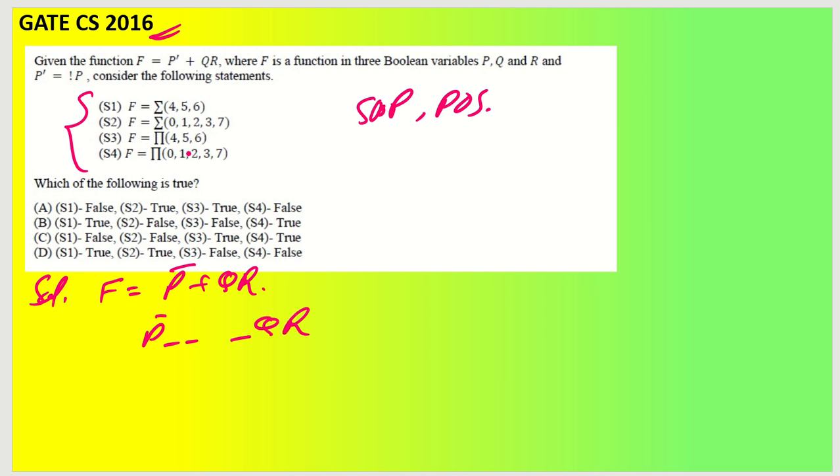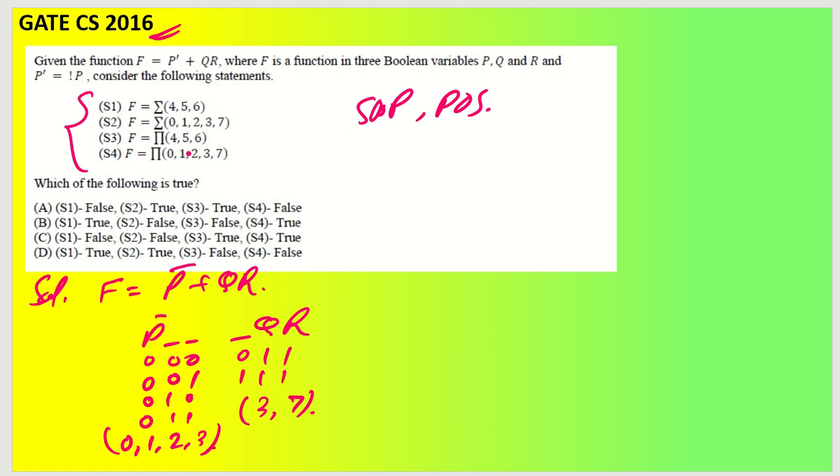So I can have the possibility of 0 0 0, 0 0 1, 0 1 0, 0 1 1, and this is going to be 1 1 1. So if I write down the summations, it is going to be 0 1 2 and 3, and this is going to be 3 and 7. So my summation of min terms is 0 1 2 3 and 7.